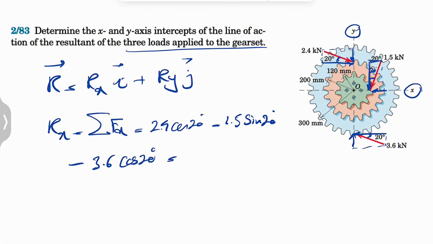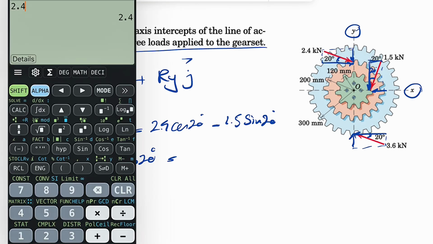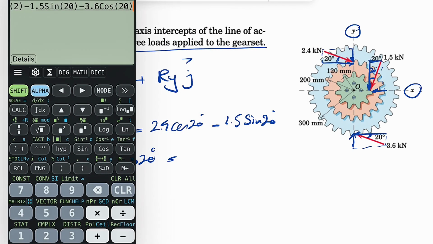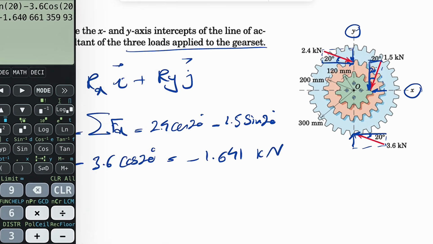Let's just calculate and see what we get in here. So 2.4 cosine of 20, negative 1.5 sine of 20, negative 3.6 cosine of 20. That's going to be negative 1.641, and the unit will be in kilonewtons.